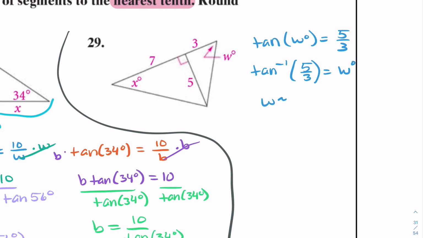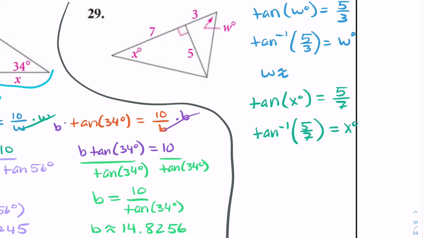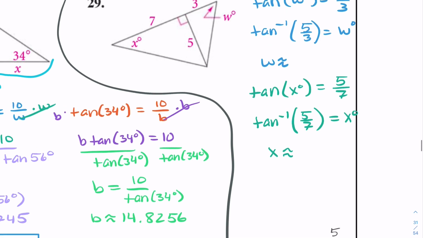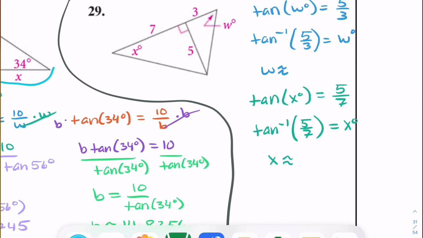I'll just do the next one, and then I'll evaluate these both in the calculator to save time. So tangent of X degrees is equal to 5 over 7. Tangent inverse of 5 over 7 is equal to X degrees. So X approximately equals, and let's see, inverse tan of 5 over 3 and inverse tan of 5 over 7.